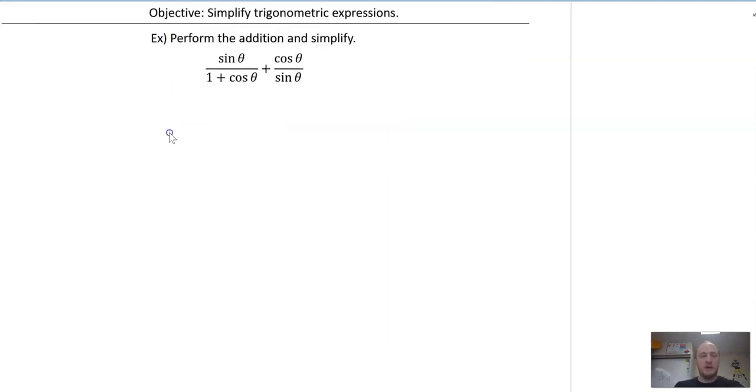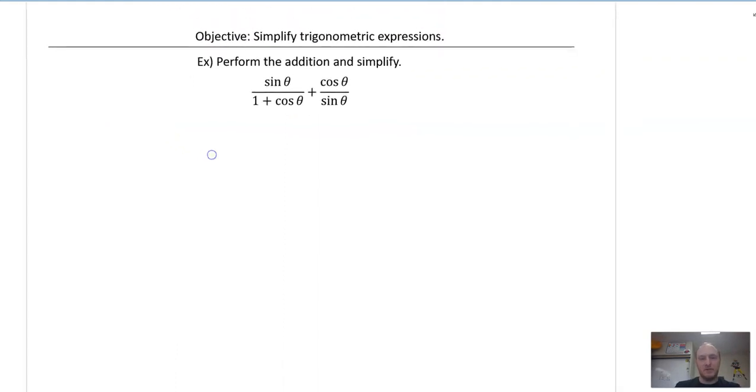Okay, so here is the last type of example that I'm going to show you, and it says perform the addition and simplify. What I hope you see in this example is I have two fractions that I can't add because I don't have a common denominator.